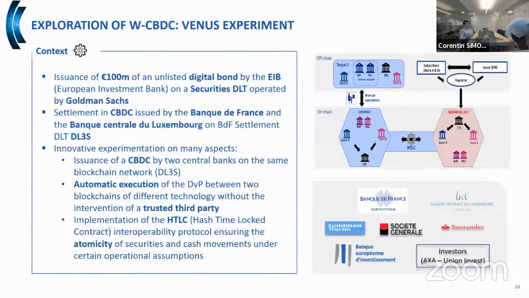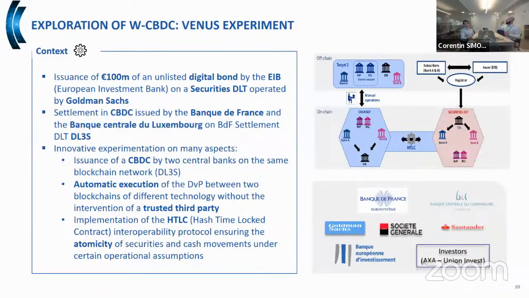Now that we have introduced you to DL3S, let's dig deeper into the Venus experiment. 100 million euros of an unlisted digital bond were issued by the European Investment Bank on the securities DLT operated by Goldman Sachs. The settlement was done in a CBDC issued by the Banque de France and the Banque Centrale du Luxembourg on the BDF settlement DLT, namely DL3S.